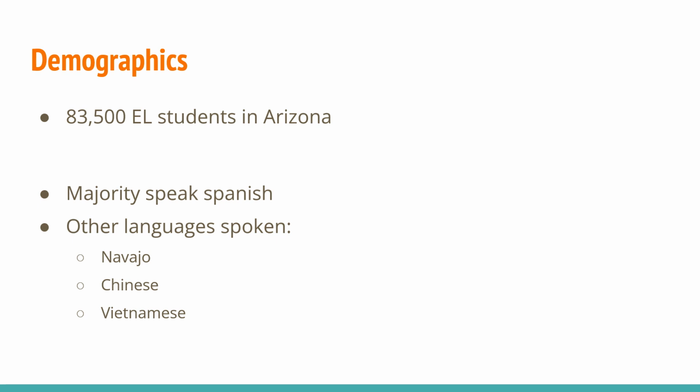It's pretty substantial. Roughly 83,500 EL students were reported in the school year 2016 to 2017. The majority of these students are reported to speak Spanish, but other languages spoken include Navajo, Chinese, and Vietnamese.